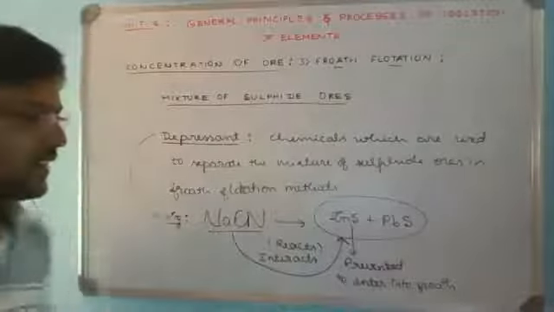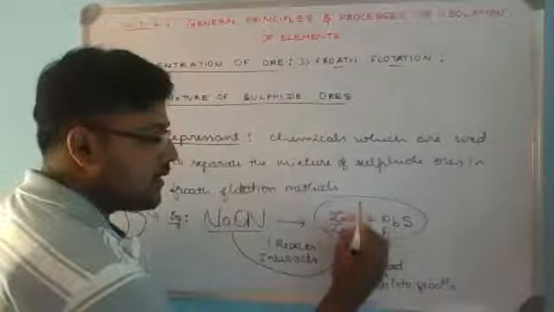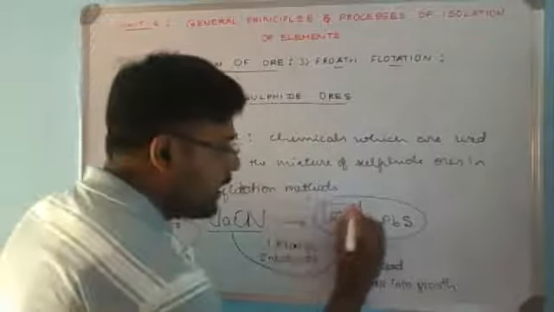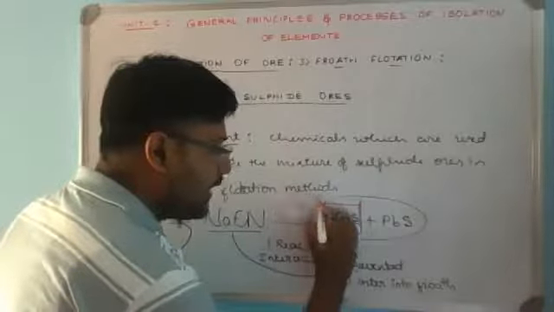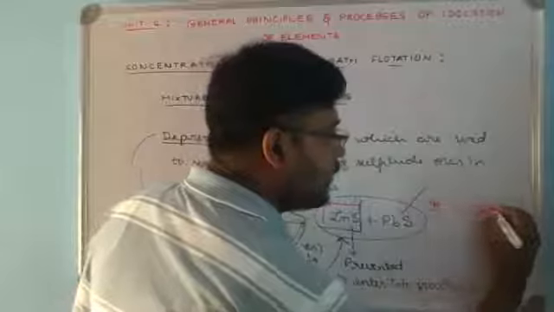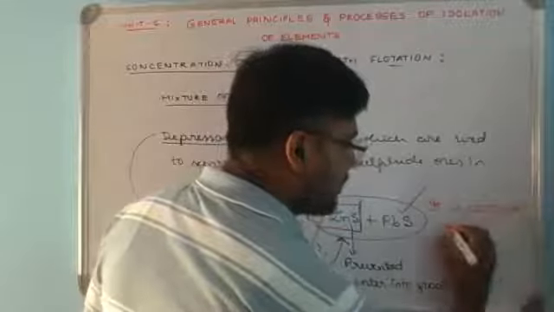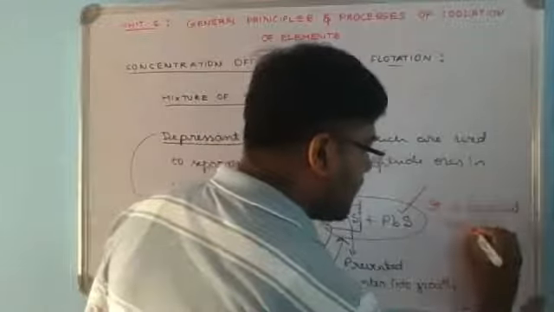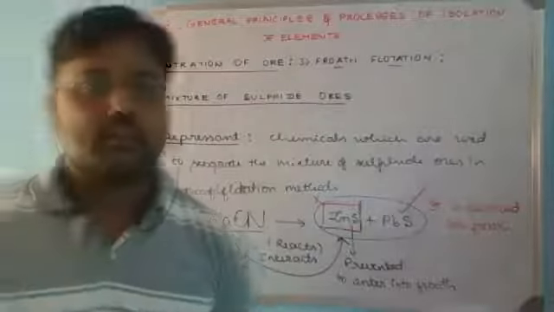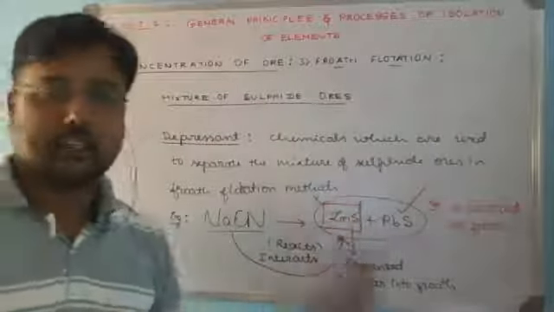As a result, from the mixture, the ZnS ore is prevented from entering the froth. Whatever lead sulfide there is, it is carried into the froth, thereby it is separated.